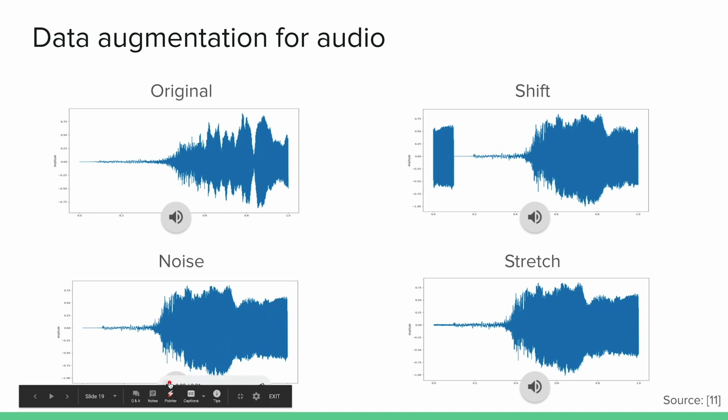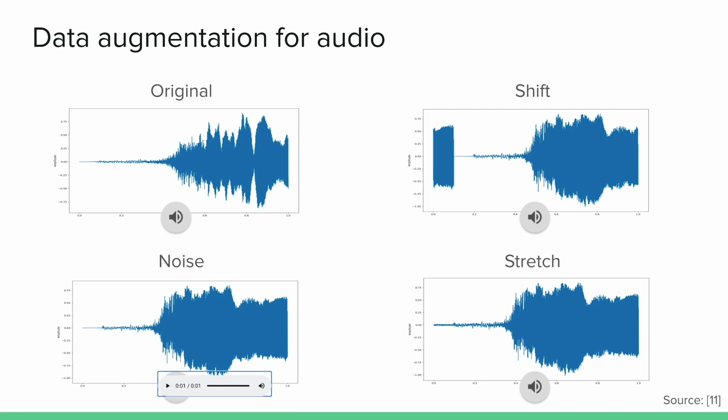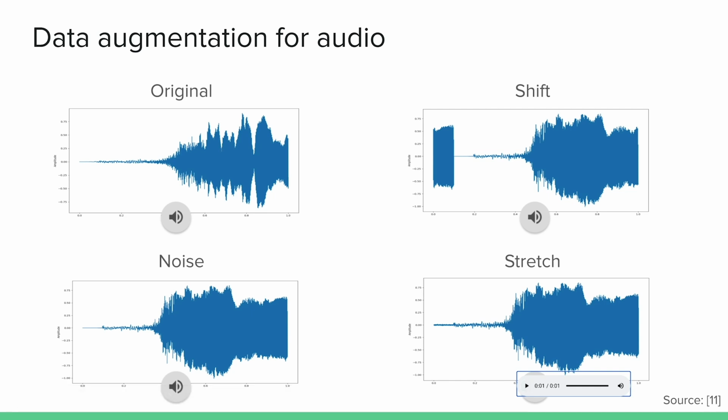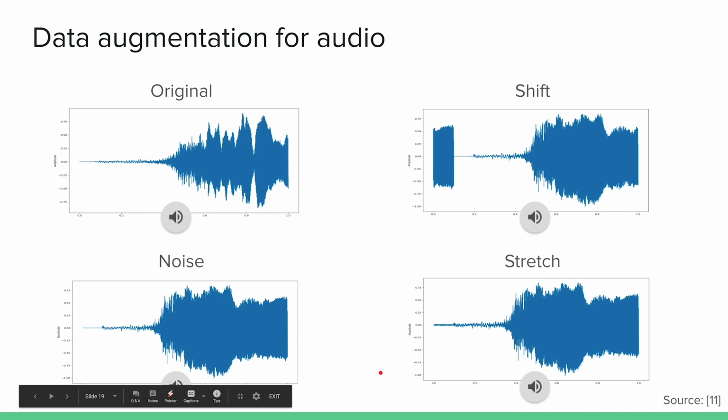We can add some noise. Or we could stretch it in time. Maybe you didn't hear it that well, let's play it again. So you could hear it was much slower, or at least a bit slower than the first few ones.